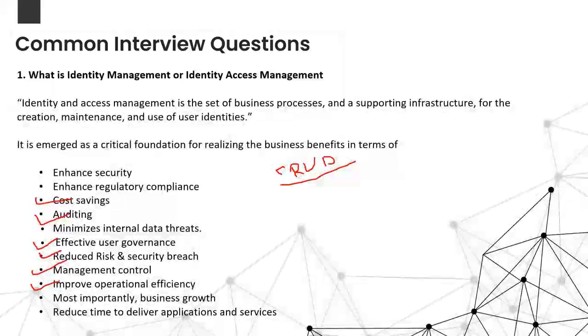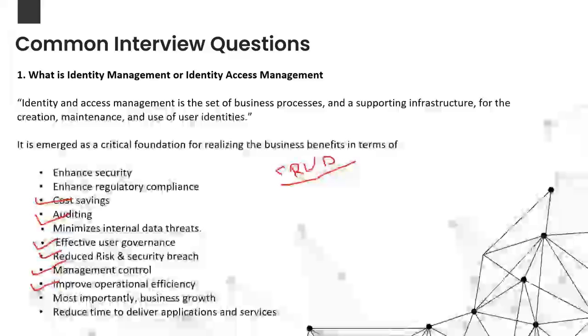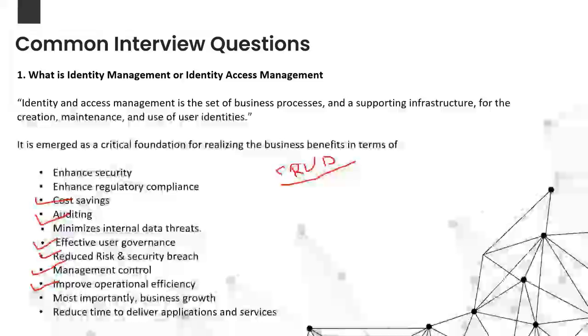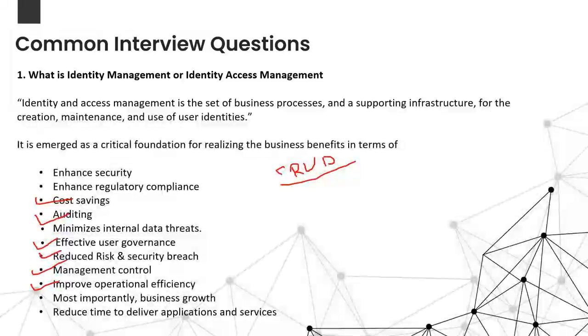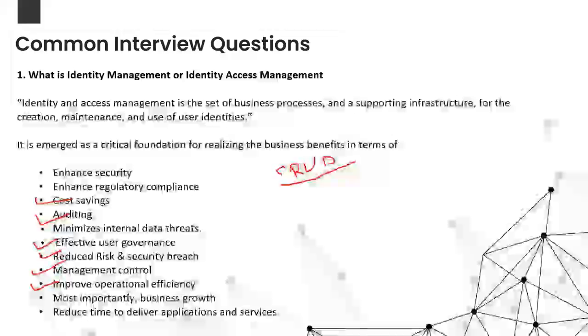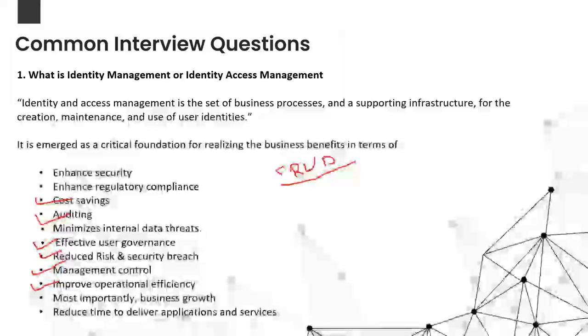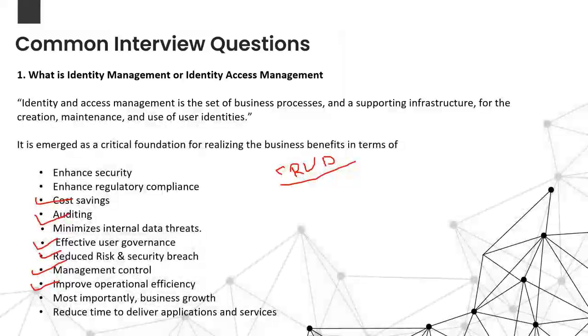Next, reduce the time to deliver the application and services. Whatever time is taken for giving access manually, compared to automatic, there will be a lot of time difference, guys. Why? Because there is a lot of manual involvement, a lot of email exchanges needed in order to provide access.